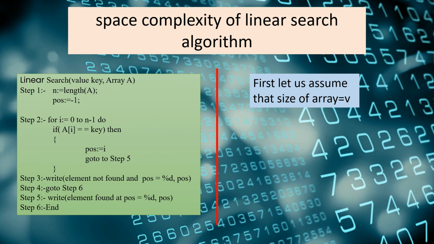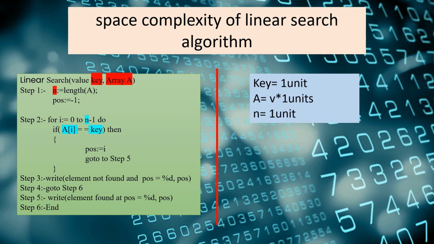Let us assume the size of the array is equal to V. Now key value equal to 1 unit. Since we had assumed that array size equal to V, therefore space required for storing an array equal to V into 1 units. Next, n is allocated with 1 unit space.